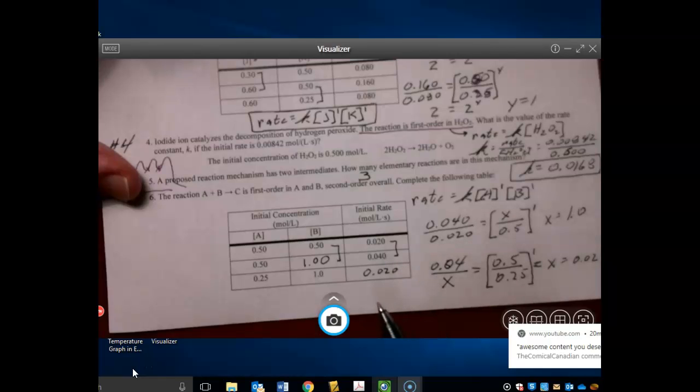Again, just to show how we would do that mathematically, if we call this number here x, 0.04 over x equals the concentration's changing, 0.5 over 0.25 to the first power, because we know it's first order, and when we solve for x, we get x is 0.02.